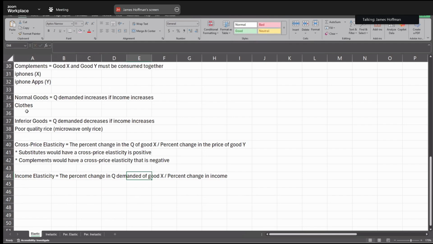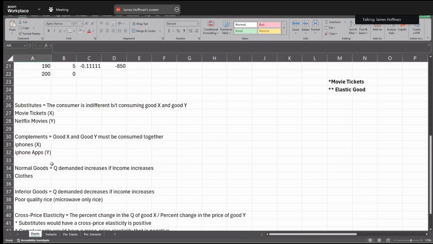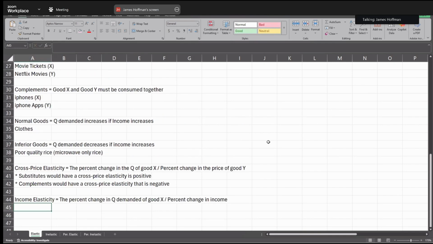And you can see that we can classify these normal goods and inferior goods similarly because if the income elasticity is positive, like a positive relationship, then the good is a normal good.